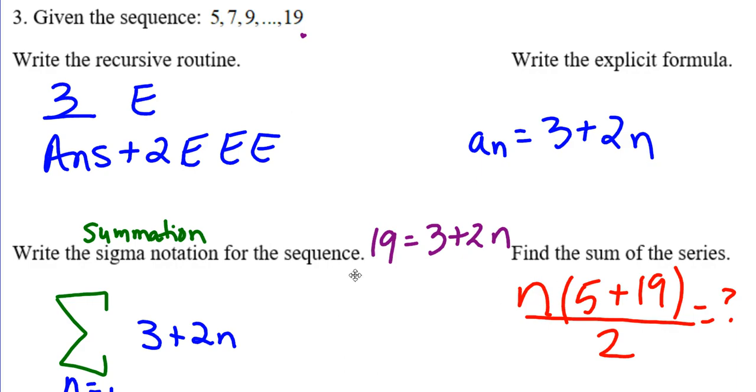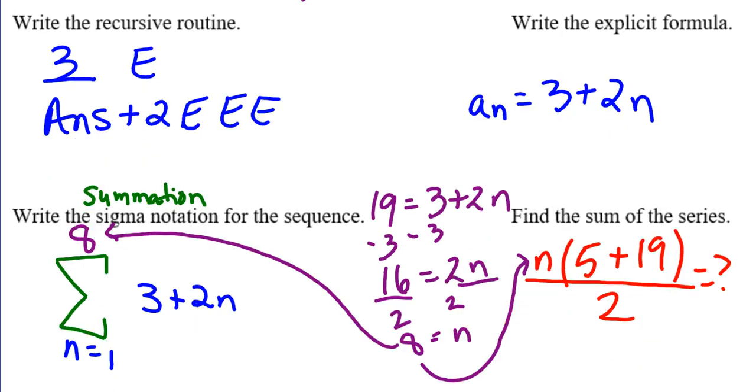So if I'm undoing this equation, I would subtract 3, because I see the addition of 3 to each side, and then I would have to divide by 2 to get my result. So again, subtracting your 3, dividing by 2, n equals 8. So 19 is the 8th number in our sequence. So 8 terms is what I'm using to find my summation.